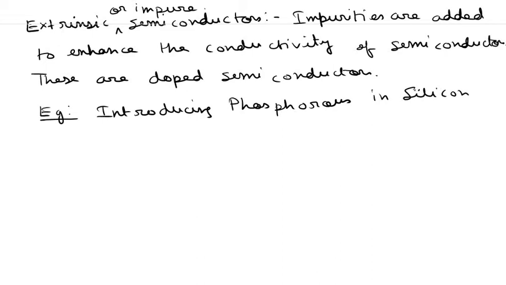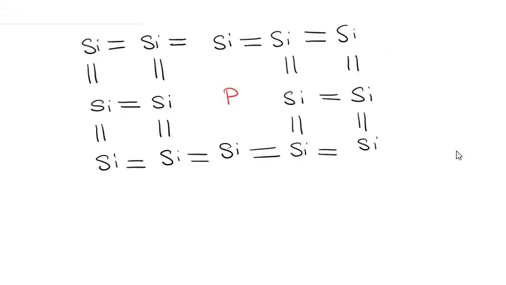So now we have done a few definitions. Let us understand how doping enhances the conductivity of a semiconductor. Let us consider this crystal structure of silicon which is doped with phosphorus.